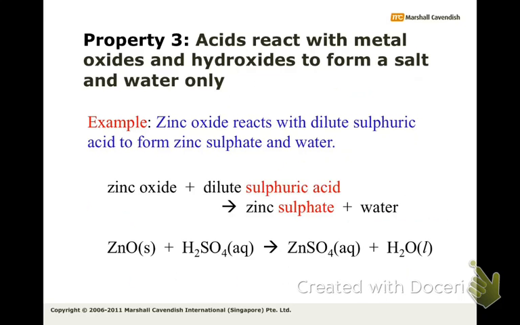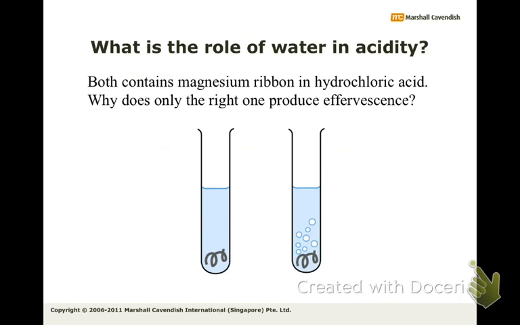So when you add both zinc oxide and sulfuric acid together in a test tube, you do not expect to see any effervescence. Why? Because effervescence only comes out when there's a gas. For this reaction, there is no gas involved. So you don't expect to see anything whatsoever. It's just basically that the product formed is just zinc sulfate.